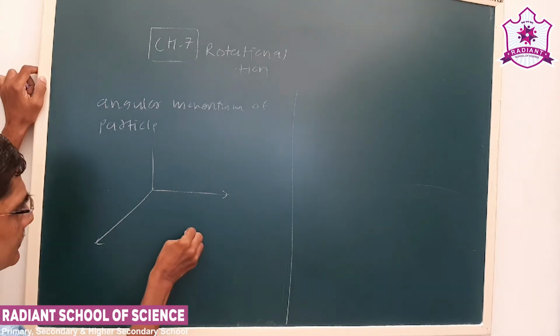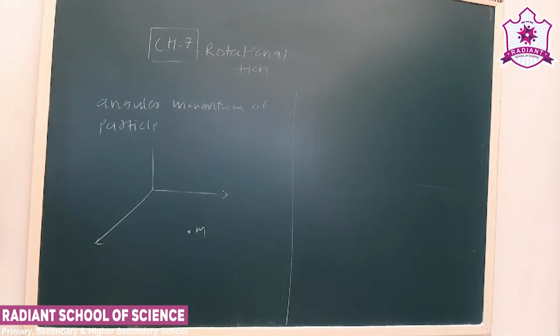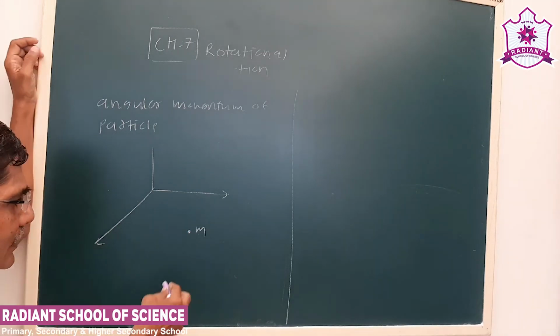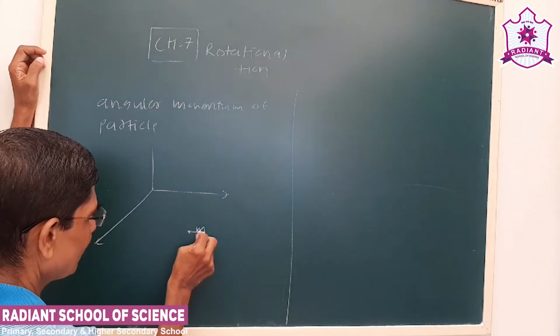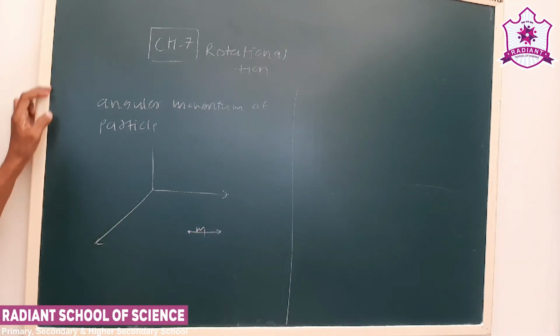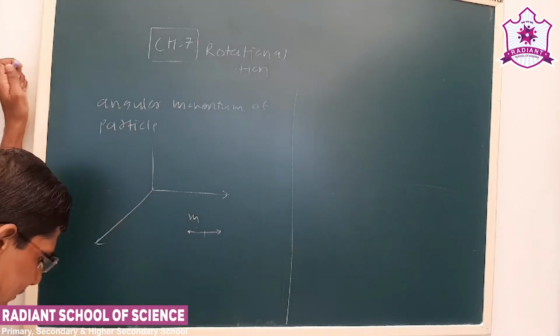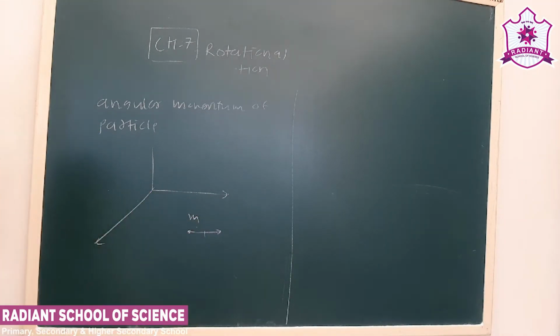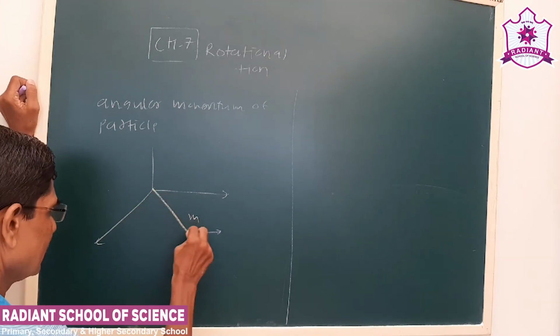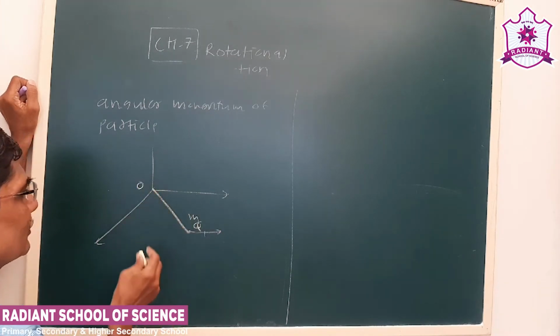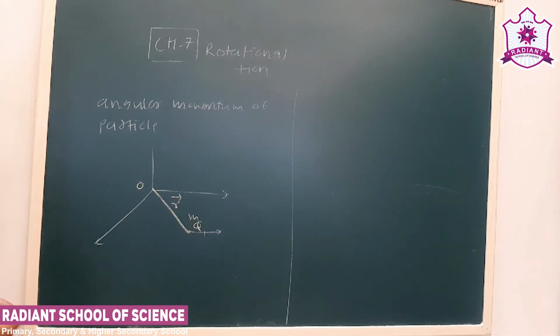Now let's say the mass of the particle is m, and it is moving with velocity v. It has a position vector OQ with respect to the origin.